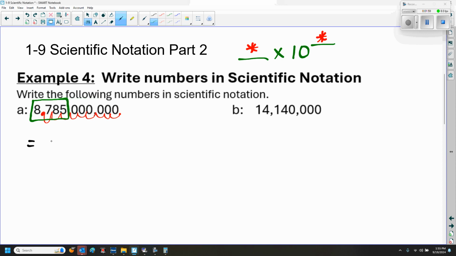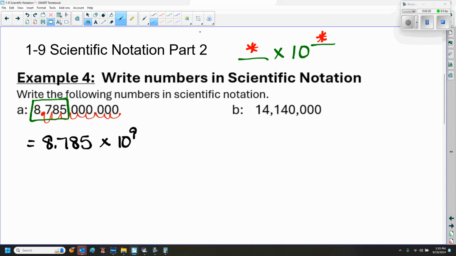So that's going to be 8.785. See these trailing zeros, we don't need them, times 10, and how many times did we move the decimal? 9 times. And that's how we get our scientific notation.